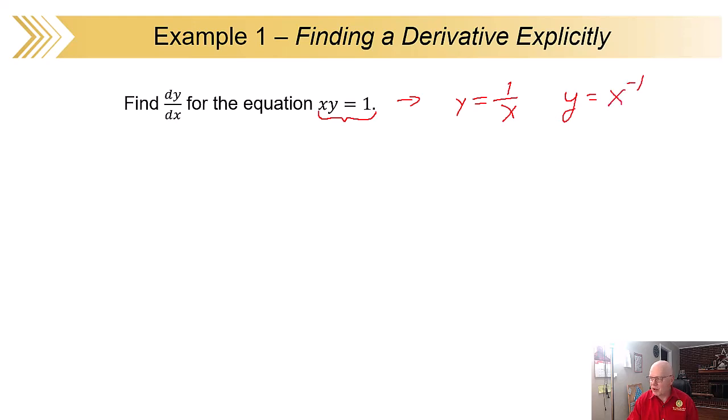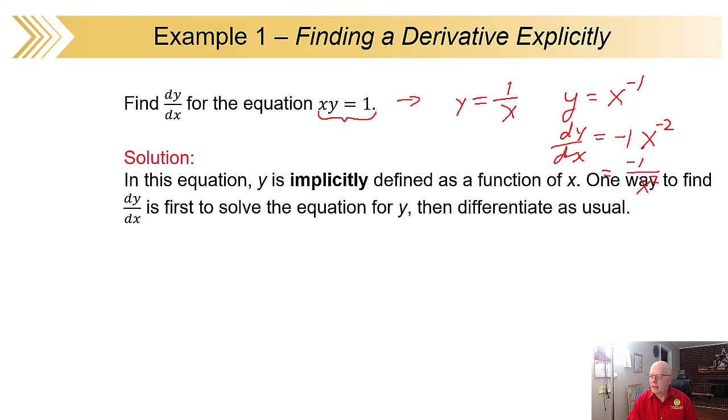Does that look familiar? dy dx equals, bring that minus 1 out front, reduce that minus 1 by a single one, and what we've got is dy dx equals negative 1 over x squared. Since we can change it so it's explicitly defined, we can actually do this.